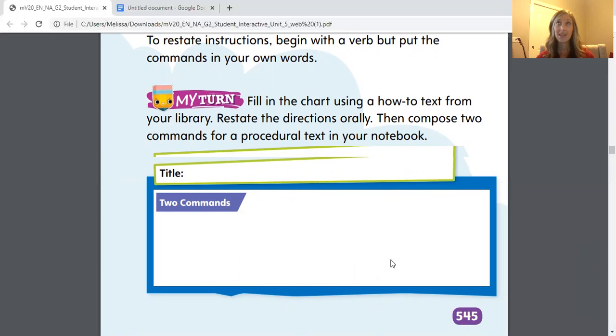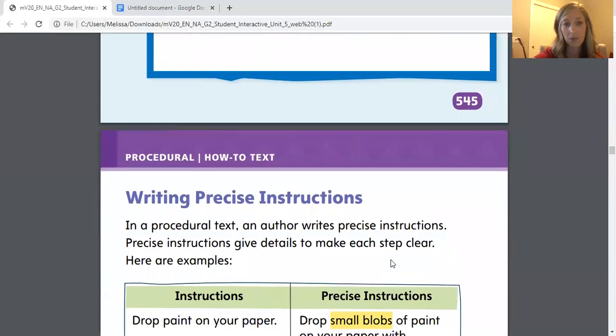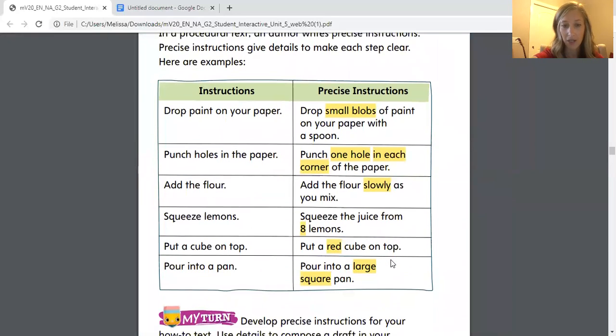So if I was writing about how to make a peanut butter and jelly sandwich, maybe one of my steps would be spread the jelly with the knife. And spread is my verb, and that would go at the beginning of the sentence, so I know it's a command. So come up with 2 commands on your own. It could really be about anything. Just make sure those 2 commands begin with a verb. When you're ready, we'll move on to the next page, page 546.